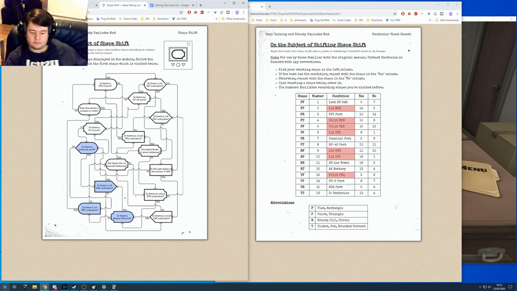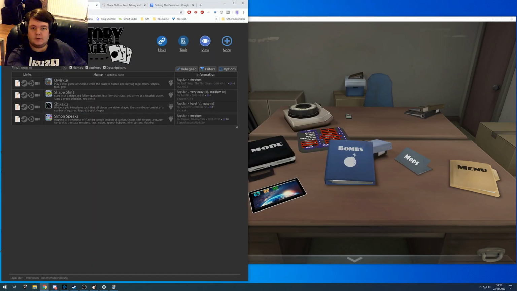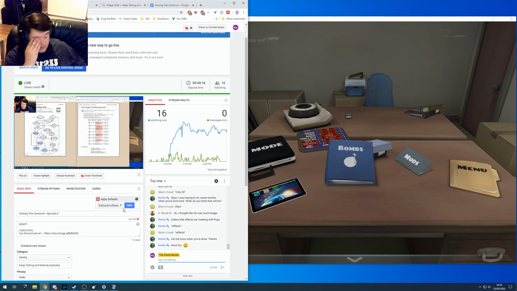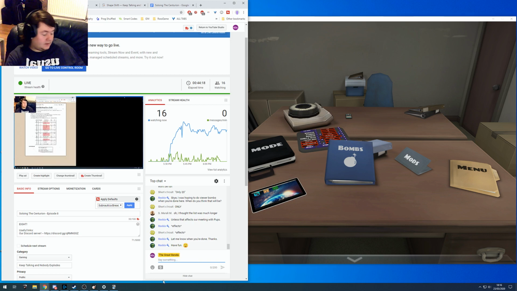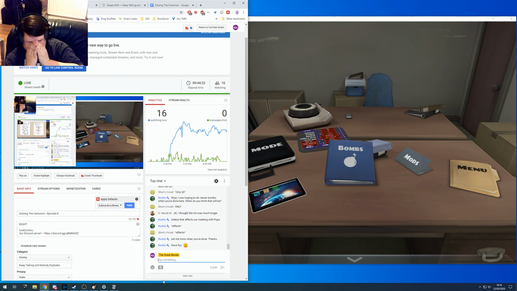Okay, so having taken a minute to not look at this, let's minimize and see how much of that we can actually do. Rule 1 is an odd serial, 5, 7. A lit MSA, 14, 5.